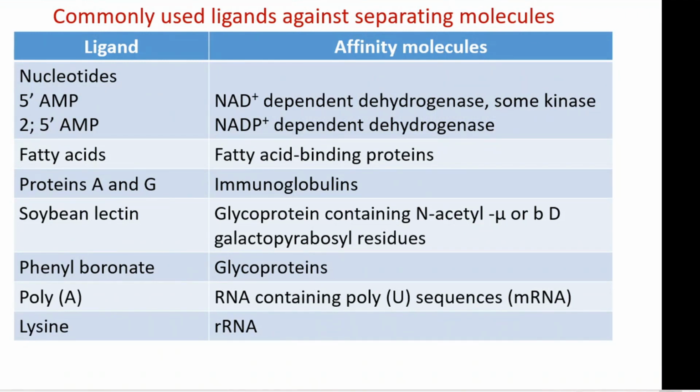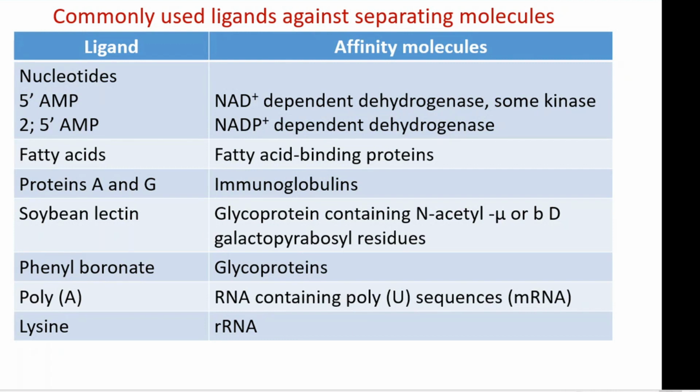Let's see different types here, like nucleotides. Especially nucleotides like 5 prime adenosine monophosphate or 2,5 adenosine monophosphate. That means at the 2nd position and then the 5th position there is a phosphate group and linkage.